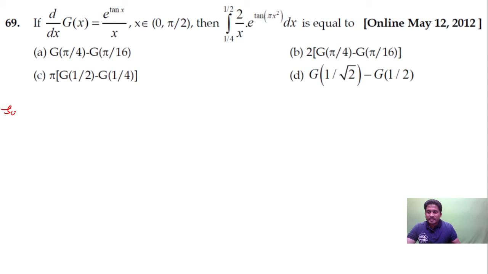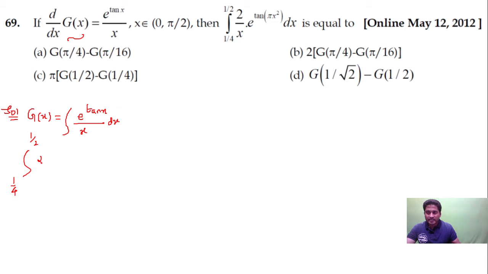Okay, if you integrate this, you get g of x is equal to the integration of e to the power of tan x divided by x, dx. This is g of x. Now, the integration from 1 upon 4 to 1 upon 2.